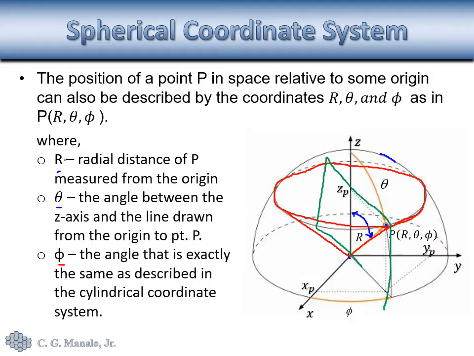So this is the plane created by the angle phi. So the intersection of the three planes locates the point P in space.